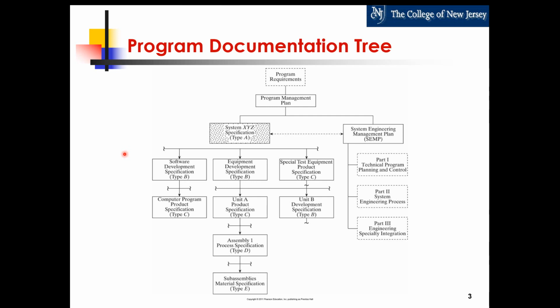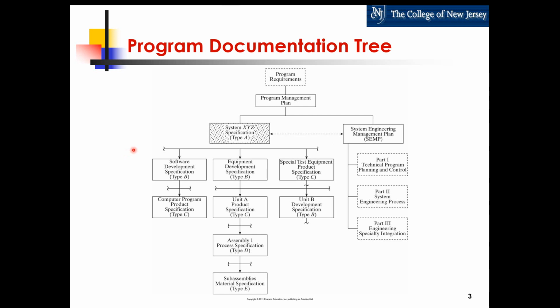It could be, for example, that as part of the overall system you need a test infrastructure or a test fixture. One of these specifications, for example type B or type C, could be used to specify the test equipment that you need and are going to use.